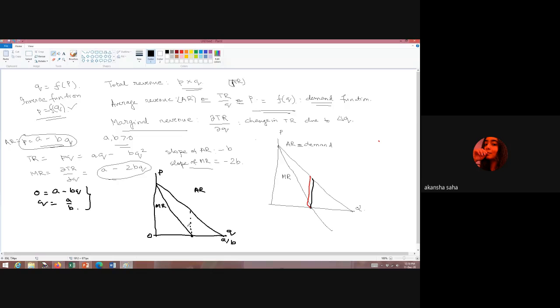A by 2B. See, this has to be set equal to 0, so it will be A by 2B. So that means this is half, right? Now, this is the midpoint.